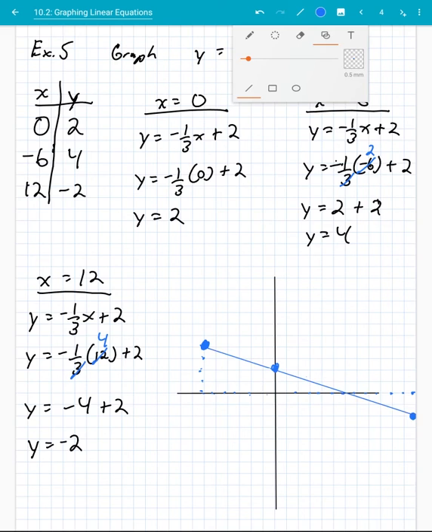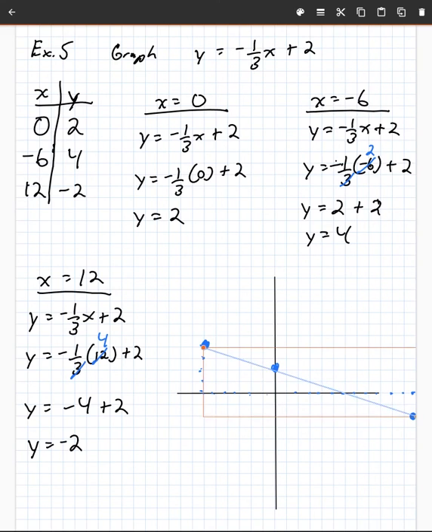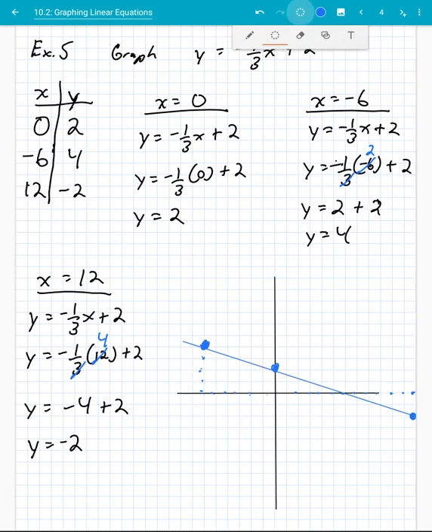That's good enough, as long as we get the gist of connecting the points. Then go ahead and put your little arrows on the end of it. So whenever we're doing an equation with a fraction, it's always easier to just choose numbers that go into the fraction. It makes it a lot easier to deal with.